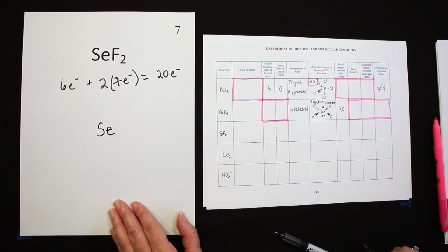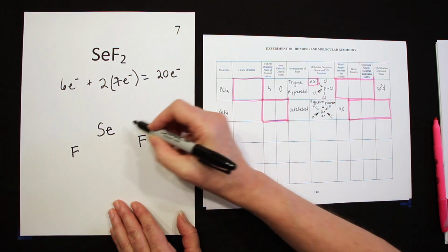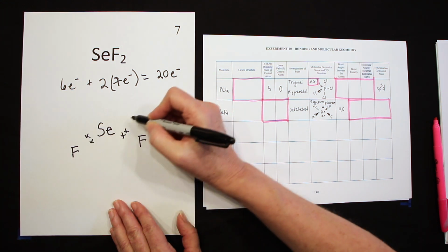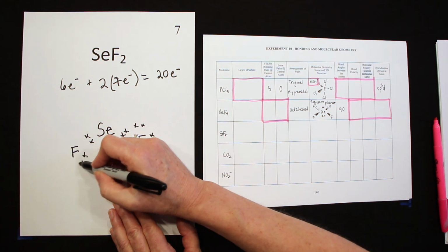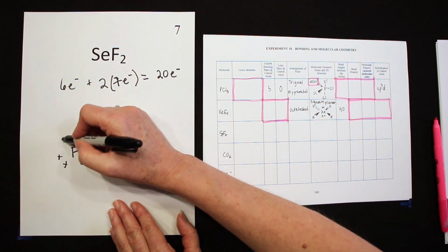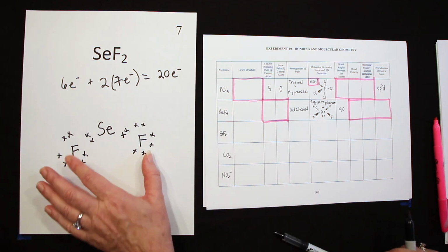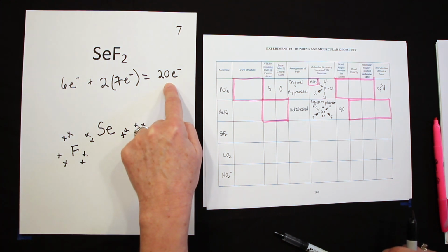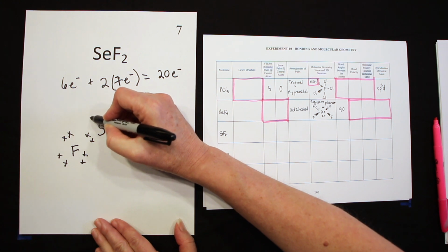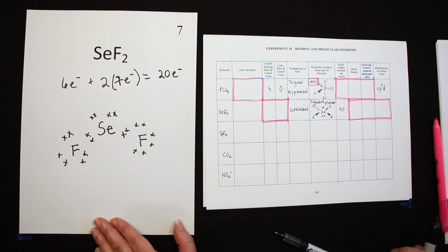I'm going to put selenium in the center and my fluorines around it and start populating my structure. I have 16 electrons. I need to have 4 more in my structure, and I'm going to put them in pairs on the central atom.